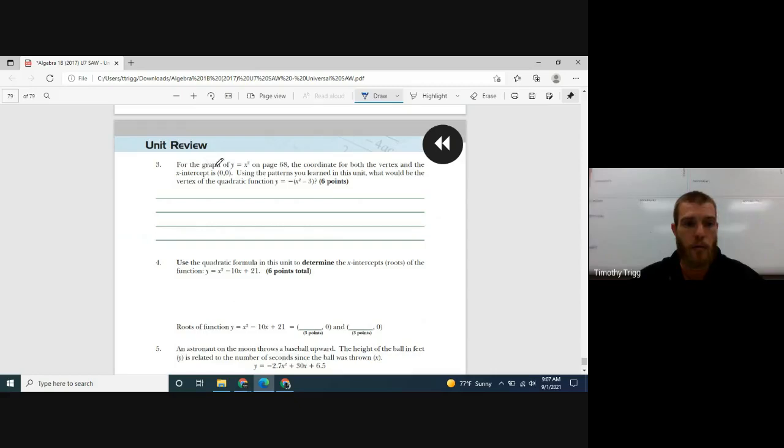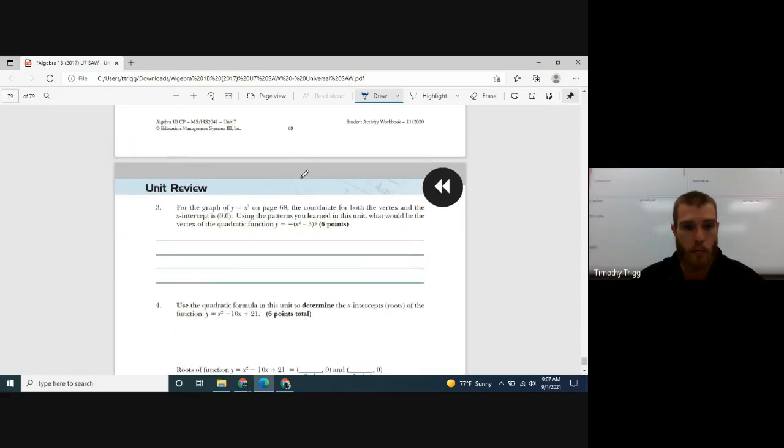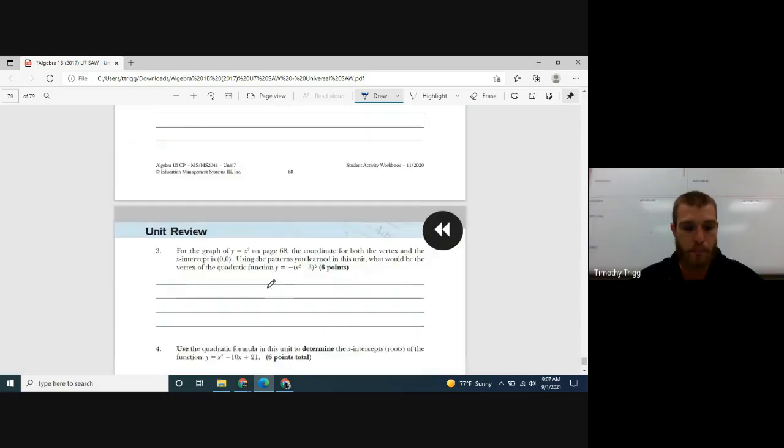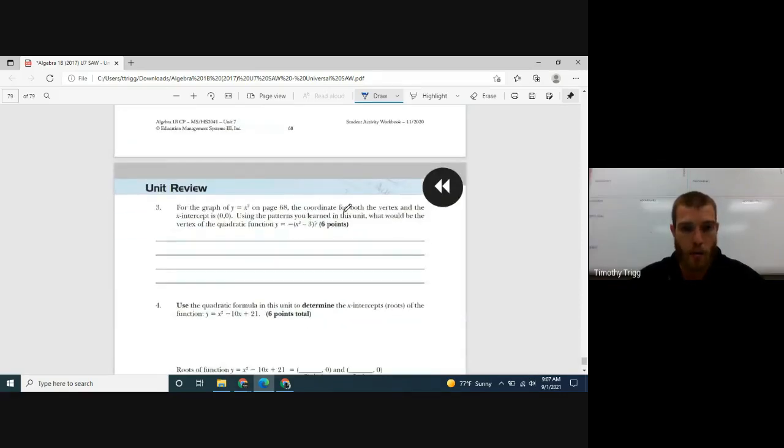Question 3. For the graph of y equals x squared on page 68, that's the one we just did, the coordinate for both the vertex and the x-intercept is 0, comma 0. Using the patterns you learned in this unit, what would be the vertex of the quadratic function y equals negative x squared minus 3?